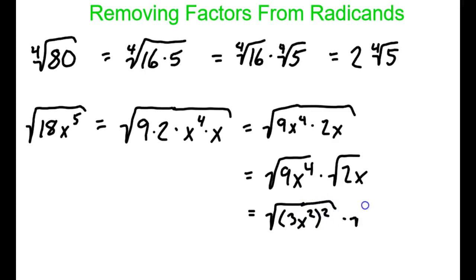Then times radical 2x. We know the square root and the squared cancel each other out, which leaves us with 3x squared times the square root of 2x. And that is now our simplified form.